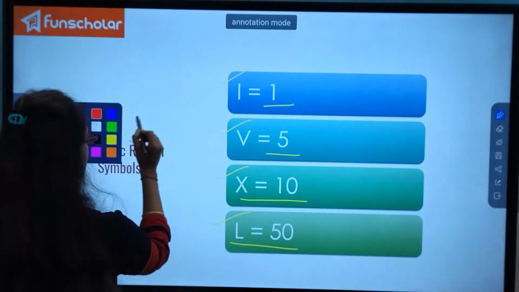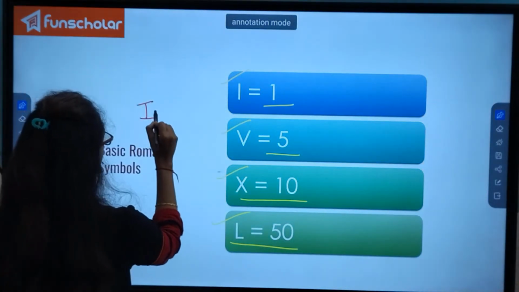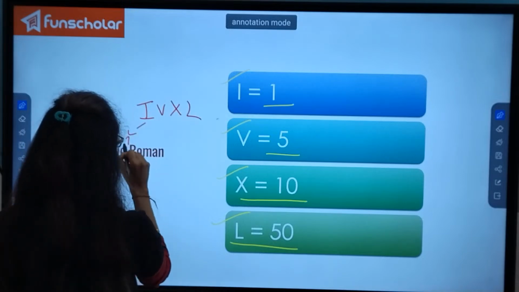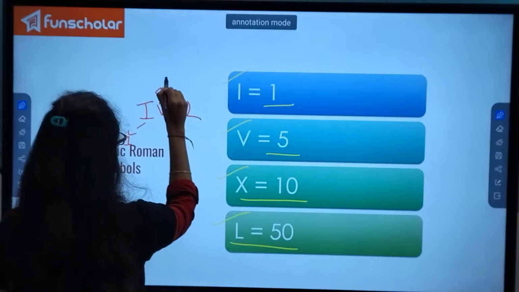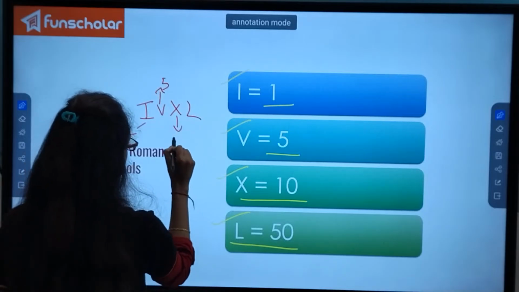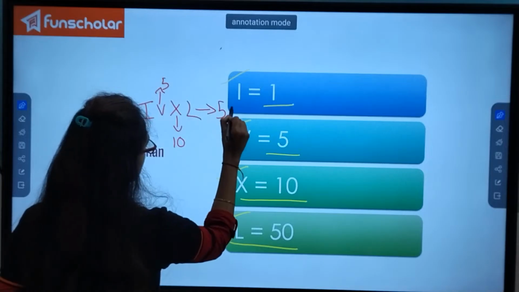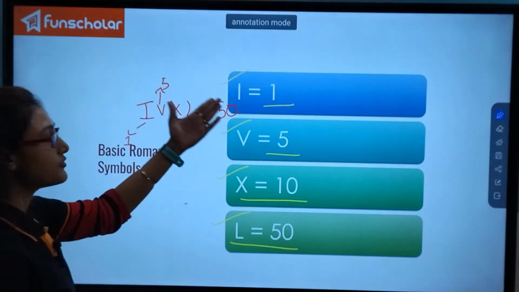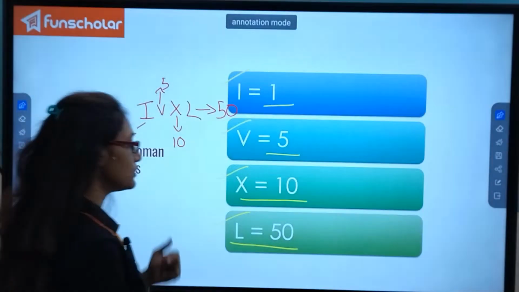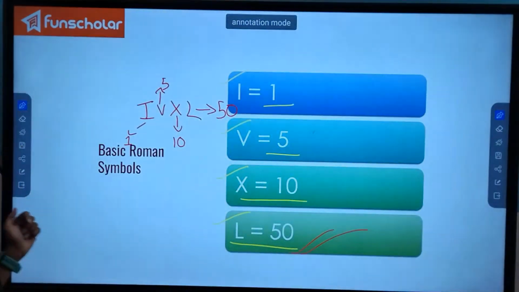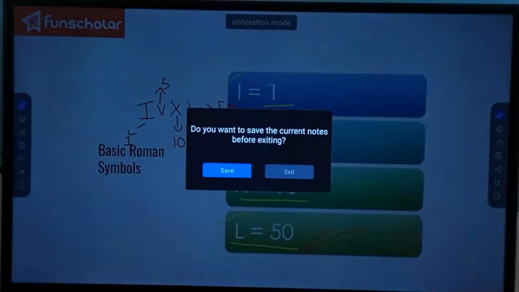So the easy way to remember is I, V, X, L. I represents 1, V represents 5, X represents 10 and L represents 50. Clear? So these are the four symbols and we are going to learn up to 50 for your syllabus.